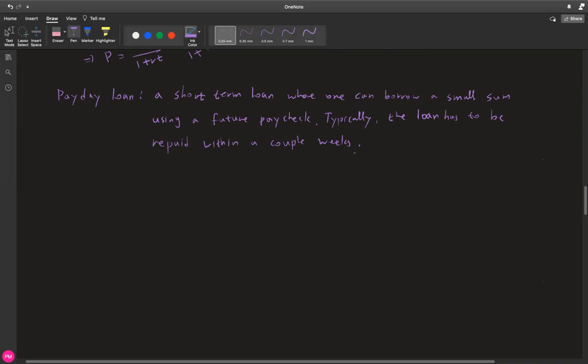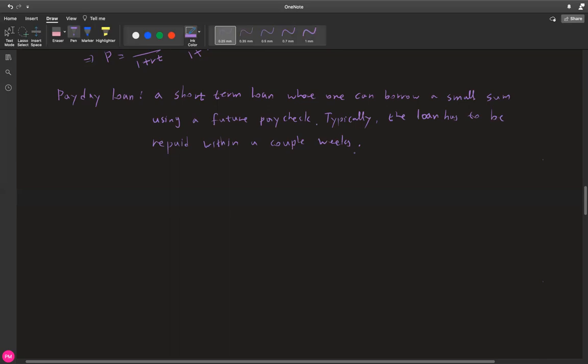So this is really a similar concept as many different types of loans that we talked about. But the only different thing is that instead of being given the APR or the term, it's nothing like that. You're simply borrowing a small sum of money from your future paycheck, and you basically have to pay back the issuing agency whenever you get your check.